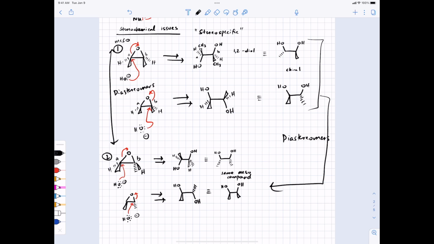In a stereospecific reaction, if you start with one diastereomer and you carry it through, there is a consequence that you have to get. And if you start with another diastereomer, you're going to get a different consequence. You started with diastereomers, you end with diastereomers. The mechanism controls the stereochemistry.